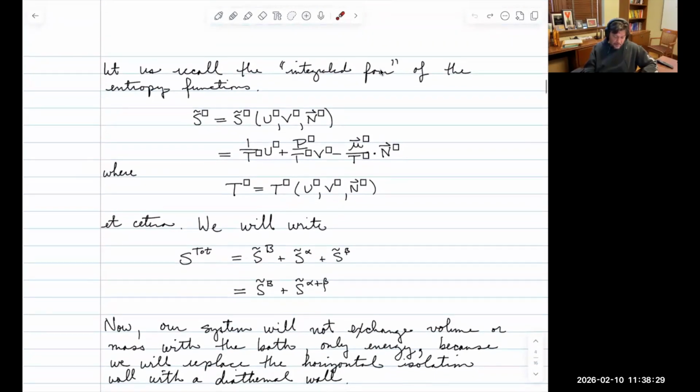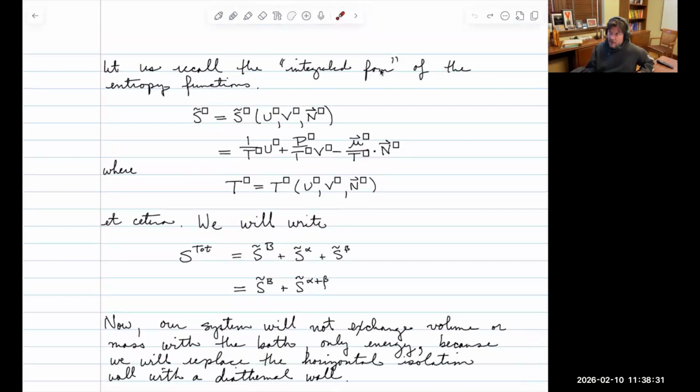So let's recall, and this is going to be important for our analysis, this integrated form of the entropy function. This is also called Euler's equation or Euler's relation. So it says that the entropy function is equal to 1 over the temperature times the internal energy, plus pressure over temperature times the volume, minus chemical potential over temperature dotted with the n vector.